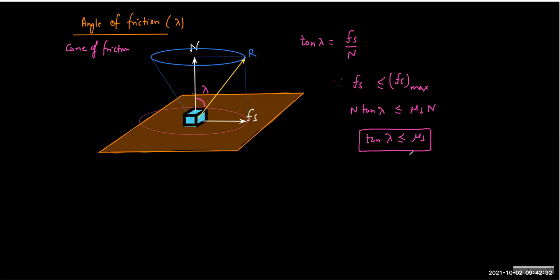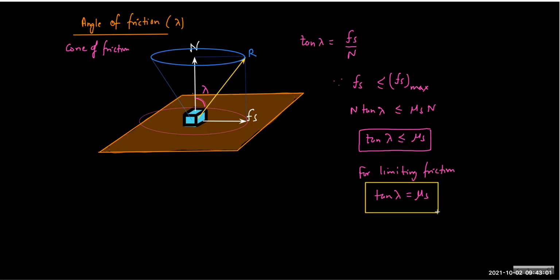So equality will hold true when it is limiting friction, and this is what I used in the derivation of the formula for the F minimum required to move the block. For limiting friction, the tan of the angle of friction is equal to mu s. Now, why is it important?